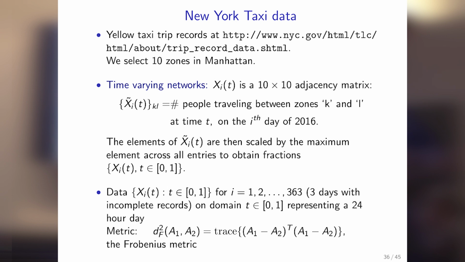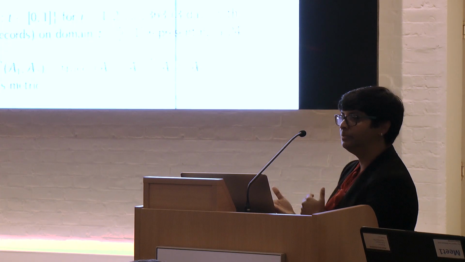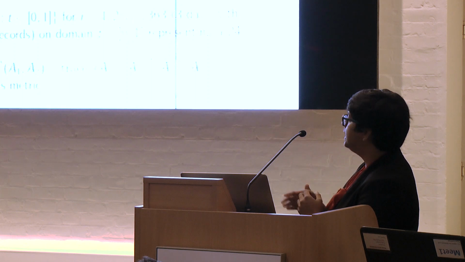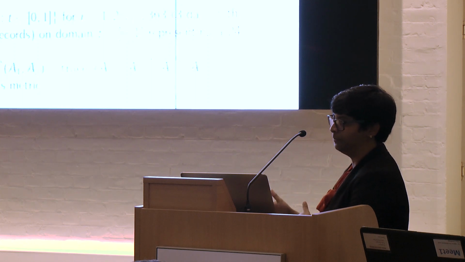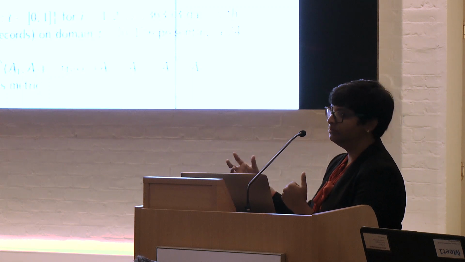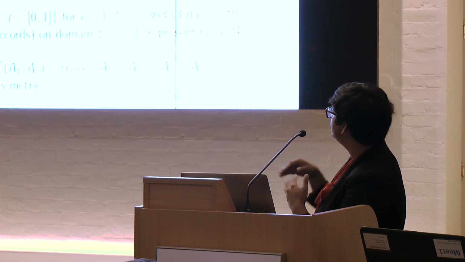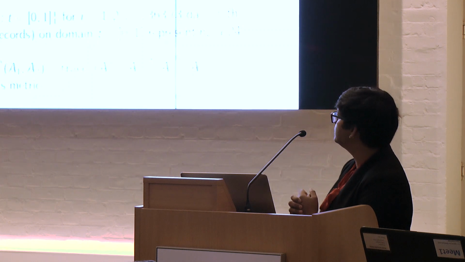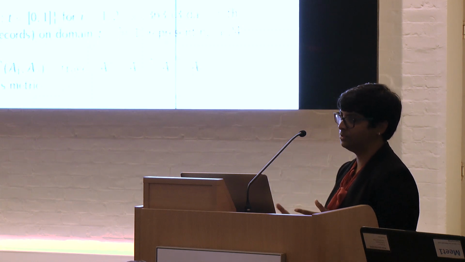Using these 10 zones, which we treat as nodes of a network, we construct a time-varying taxi trip network where X_i(t) is the graph adjacency matrix, whose k-lth element is the number of people traveling between zones k and l at time t on the ith day. And then we scale the total number by the daily maximum across all entries, just as a normalization step, but that's not a necessary step.